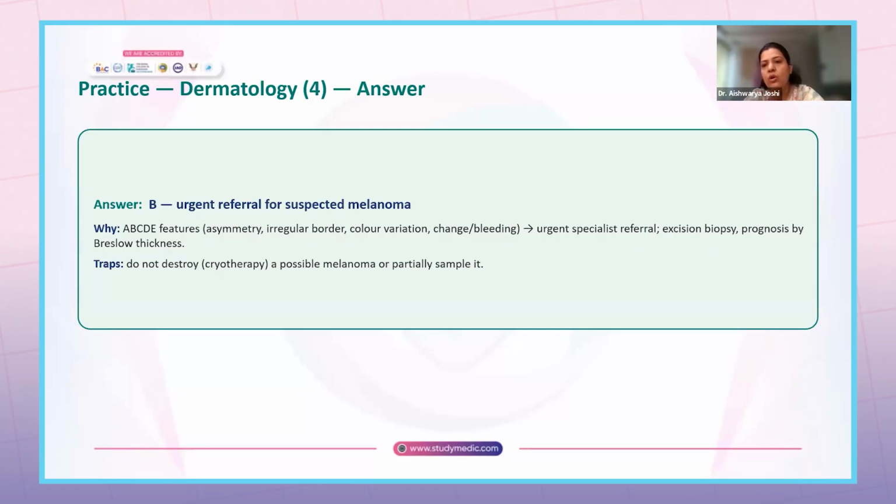Excision biopsy, which means the whole lesion is removed and sent for biopsy, and Breslow's thickness score is applied to identify the extent of melanoma involvement and the histopathological type of melanoma. Do not do cryotherapy if there is a possible melanoma, or partially sample it. Why? Because intervening a malignant lesion can hasten the process of invasion and metastasis.